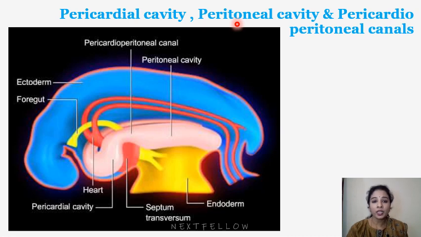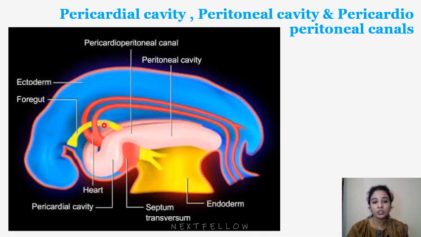Next is about the pericardio-peritoneal canal, which I already said is a communication between the pericardial cavity and peritoneal cavity. These canals later form the pleural cavity. And as the pericardial cavity is relocated ventrally, anterior to the foregut, as a result the pericardial cavity opens into the pericardio-peritoneal canals, which are dorsal to the foregut.